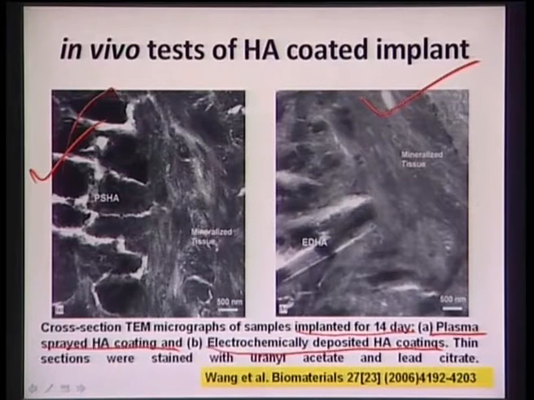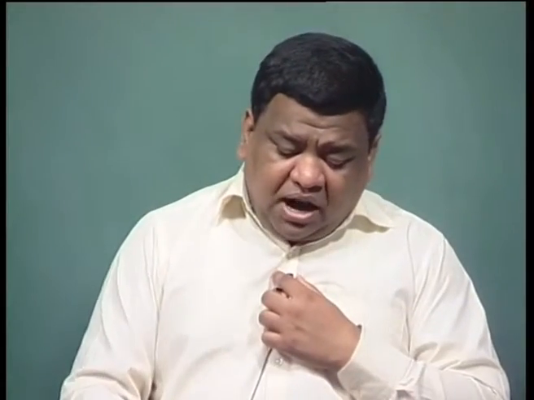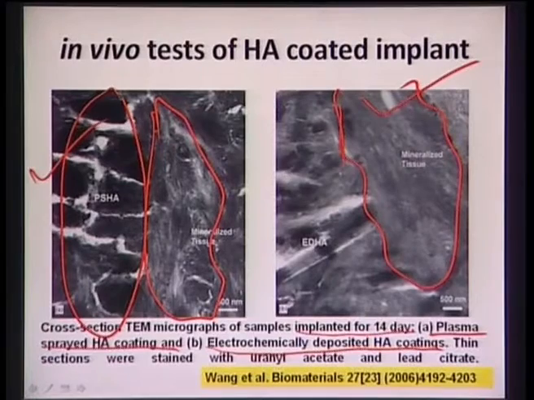Now this is your coating structure, and this is your mineralized tissue. Mineralized tissue means these tissues have a lot of hydroxyapatite content. Mineral means the inorganic component of the bone, that is the hydroxyapatite, and these are the mineralized tissues which are formed here, which you can clearly see after the staining.